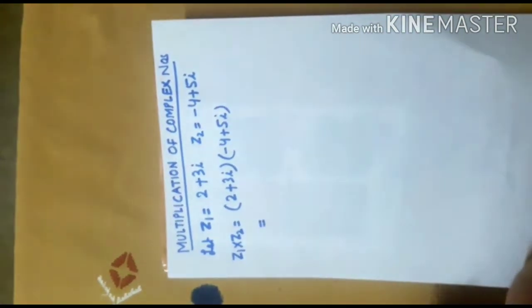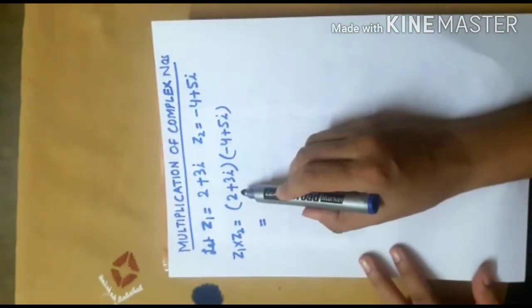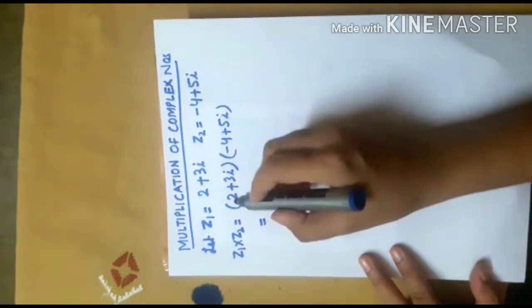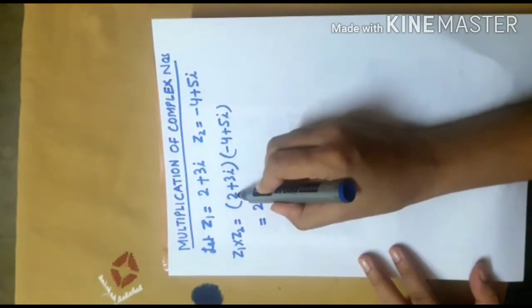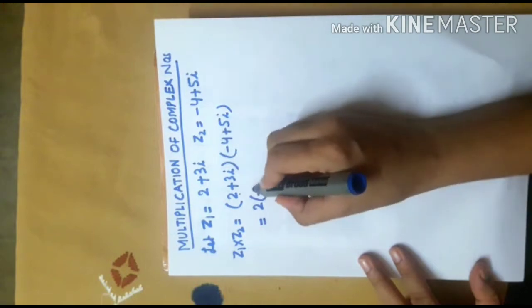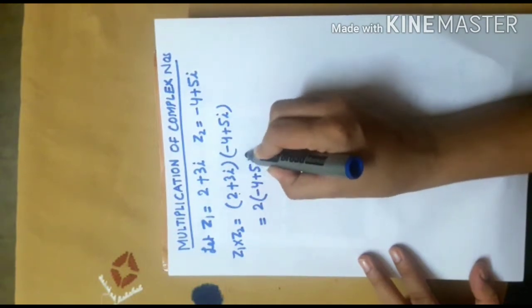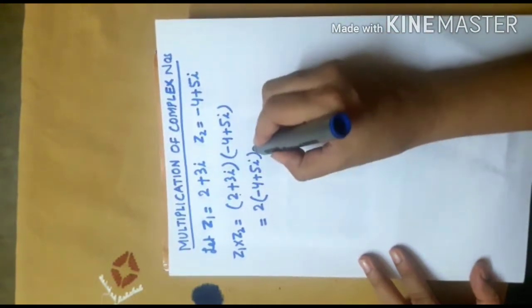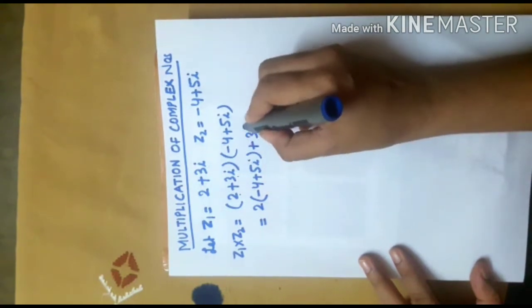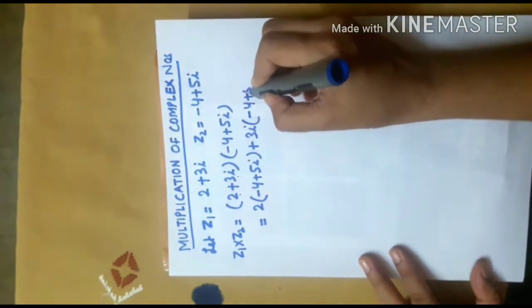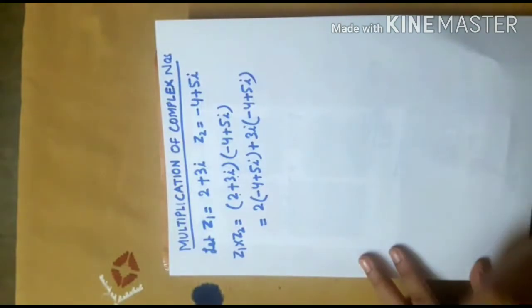Here we use the distributive law. So 2 will be multiplied with this bracket, that is minus 4 plus 5 iota. Then 3 iota will be multiplied with minus 4 plus 5 iota.